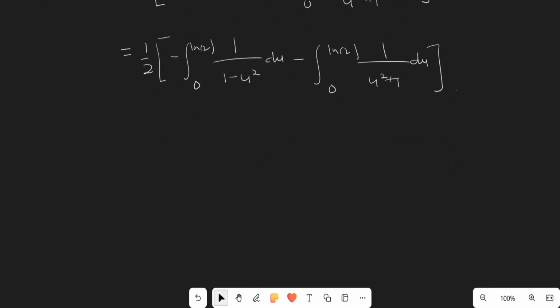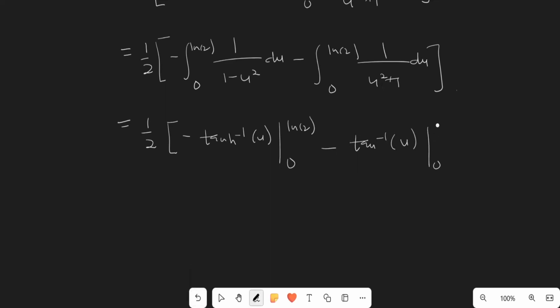And we know this is the inverse hyperbolic tangent, and this one is the inverse tangent, or arctan. So that is 1/2 times negative inverse hyperbolic tangent of u, integrated from 0 to ln of 2, minus the inverse tangent of u, integrated from 0 to ln of 2.